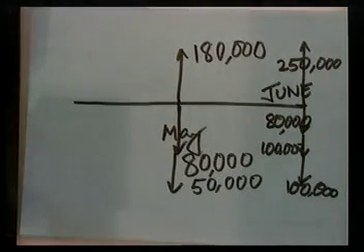And for the month of June, in upward direction you have 250,000 and 280,000 in downward direction, right? All of you have completed this exercise?